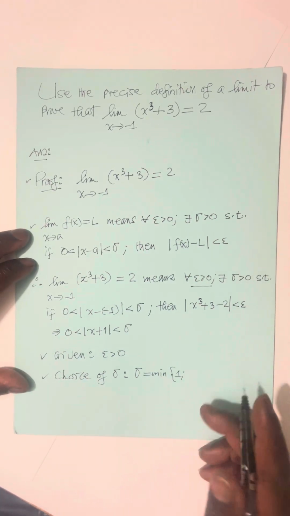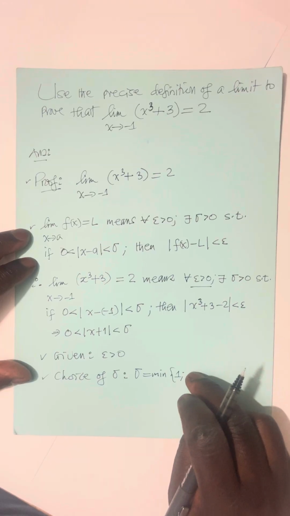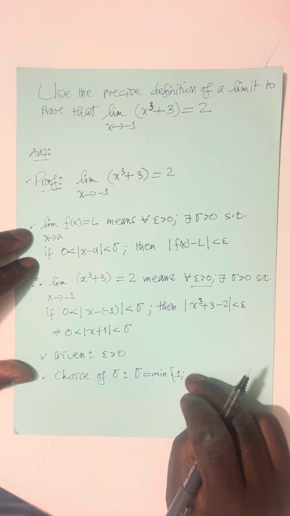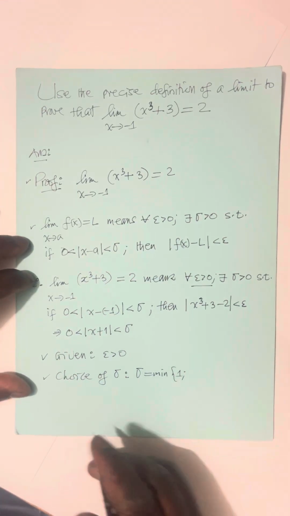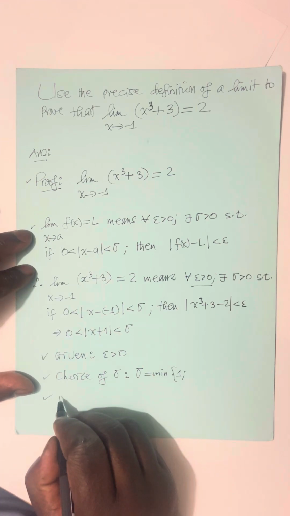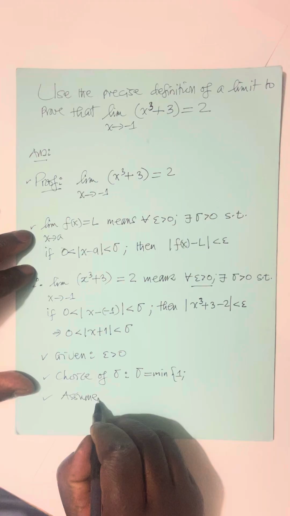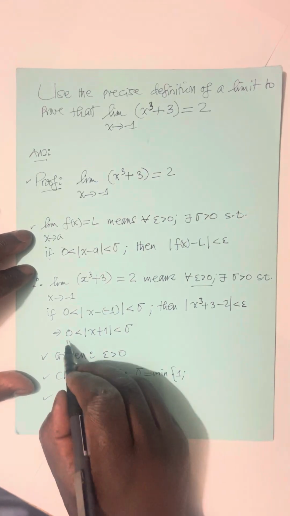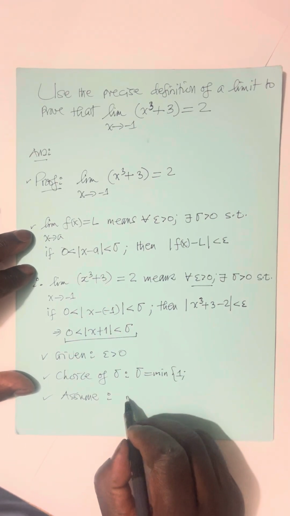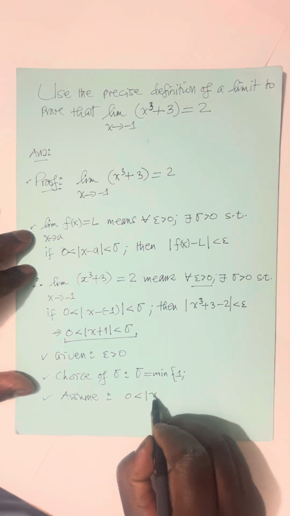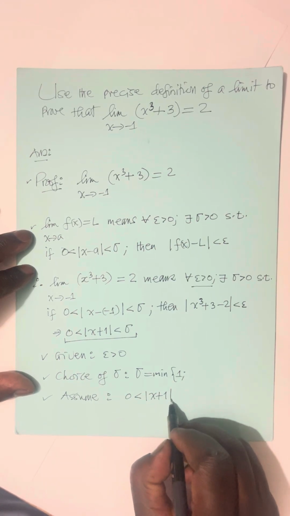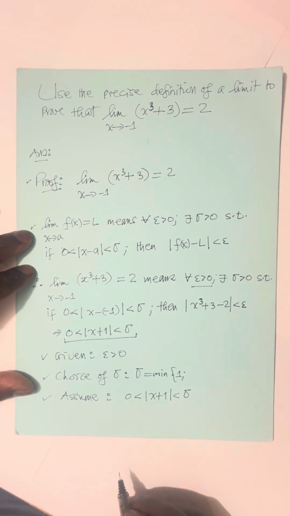So minimum of 1 or the other expression which we're going to determine in terms of epsilon. Step number 3 is the assumption step. So we assume. What do we assume? We assume that this is true. We assume that the absolute value of x plus 1 is less than delta but greater than 0.